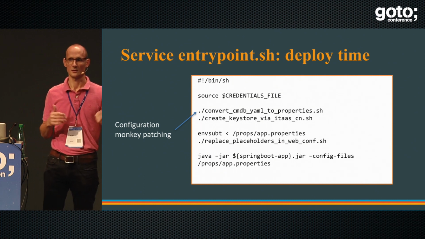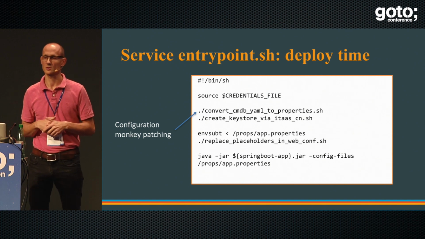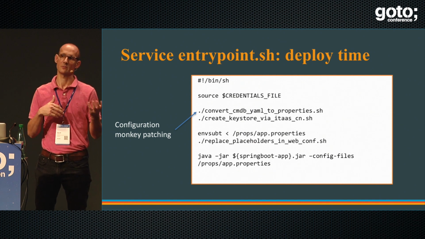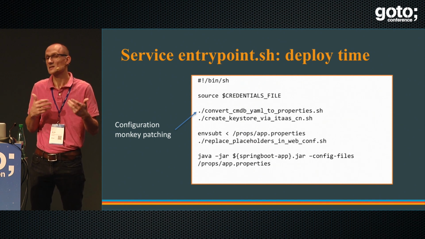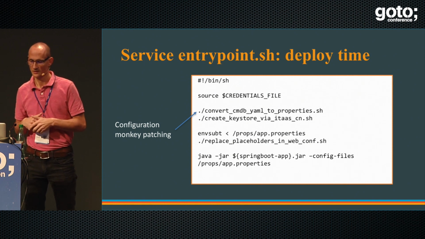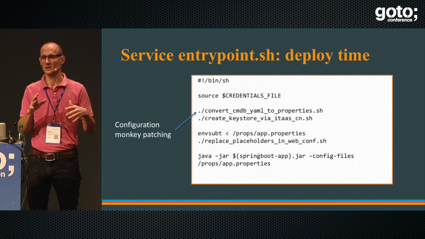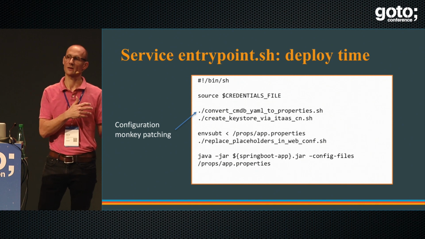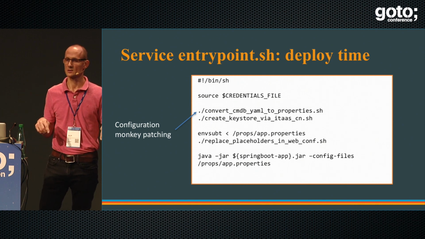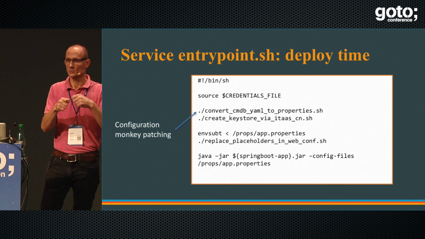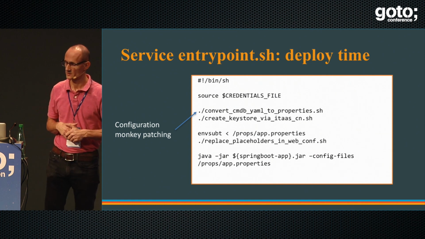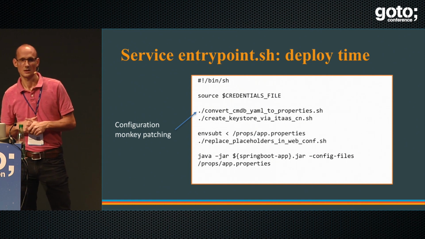I don't know if some of you use that kind of tool also, but this tool is also responsible for configuration management. It's called the CMDB. This tool requires to be configured in a certain way, and the data must be in a certain shape, and the applications also have to use some placeholder format so that the CMDB, the deployment tool, can replace the placeholders when you deploy the services onto the target machines.